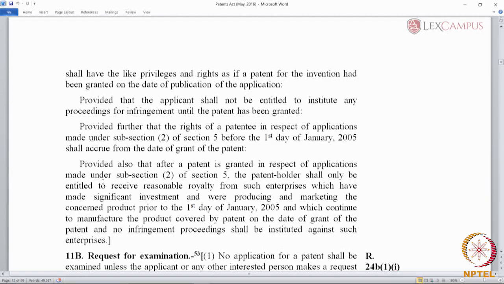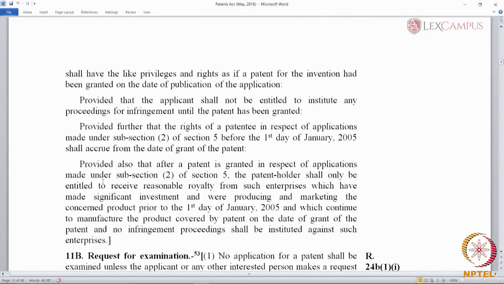Now, we know that that phrase as if the patent has been granted means TPG, the time of publication of the grant, when the grant is published, which is the second publication. Now, this provision says upon the first publication you will have certain rights and privileges as if the patent itself has been granted.